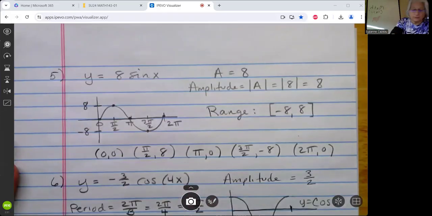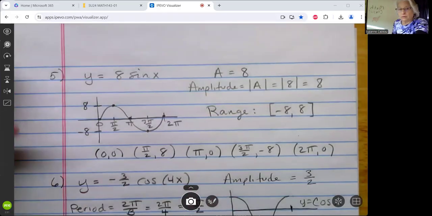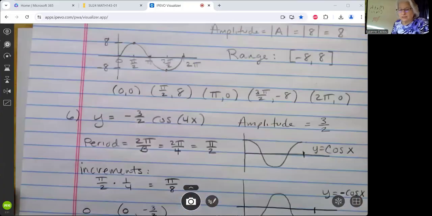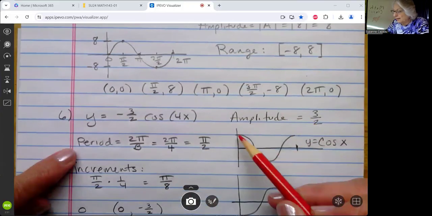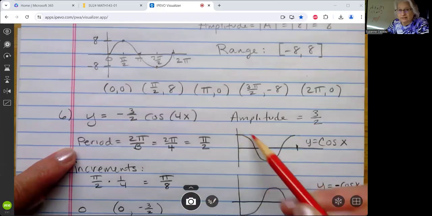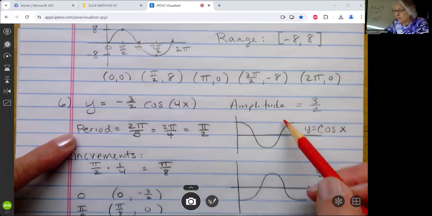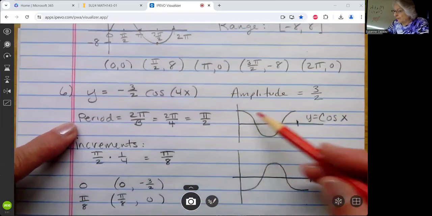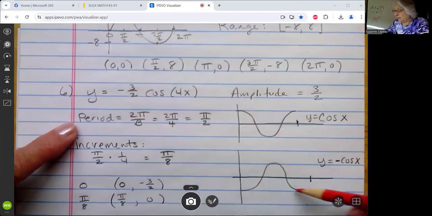Okay. So here it is. I know what my cosine looks like. My cosine generally looks like this, but because it's negative, it's going to flip on the x-axis. So it's going to wiggle like this with that negative in front. So this is just showing you that reflection.